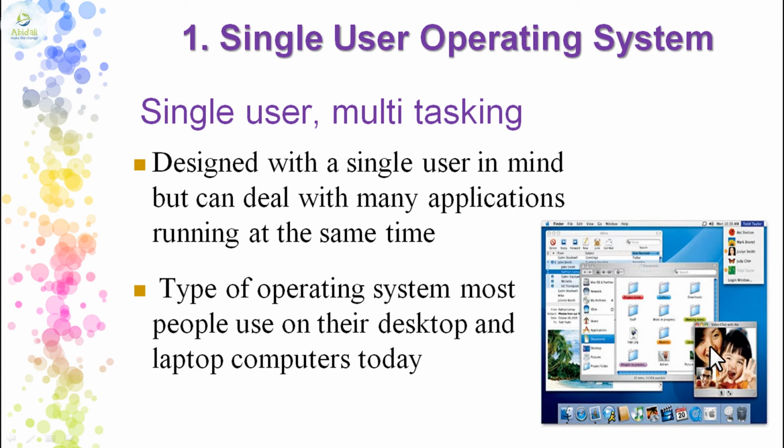The picture is open, the text conversation is being done, the files are being copied, the web browsers are open. All these tasks are running at the same time. This is called the single user multitasking operating system. The type of operating system most people use on their desktops and laptops today is the single user multitasking operating system.